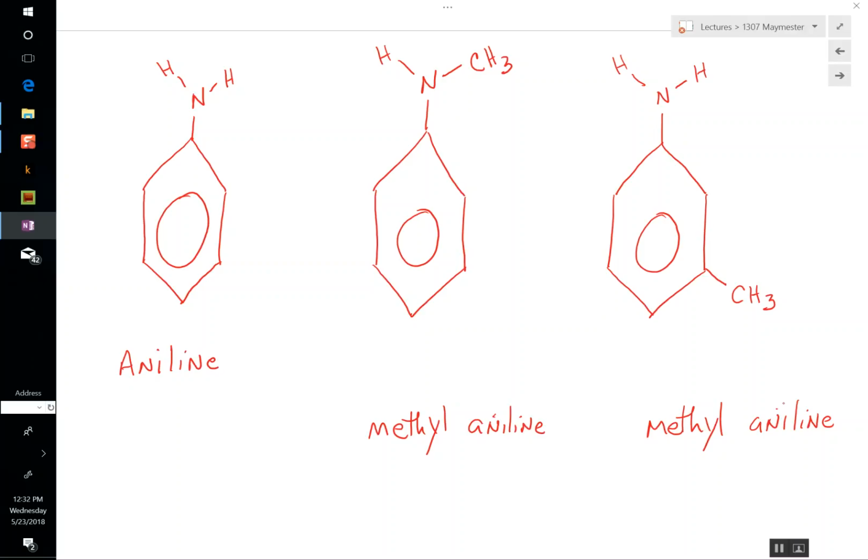So that's carbon number 1 up there. This is carbon number 1. So what do I need to put in here to specify this? 3. 3-methyl aniline.